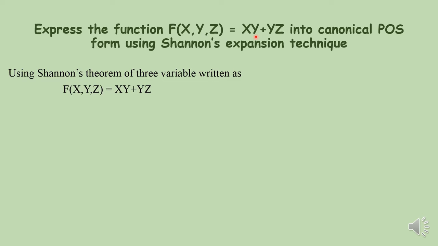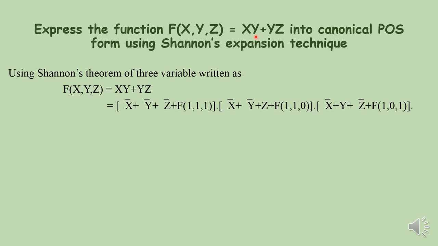Our first step is, by using Shannon's theorem of three variables, how can we write the expression? Our first expression is f equal to xy plus yz, which can be written as x bar plus y bar plus z bar plus f, which is the functional value of 1 1 1. In POS form, we already know that 1 is represented by the complemented variable and 0 is represented by the single variable, and this is a product of sum terms.